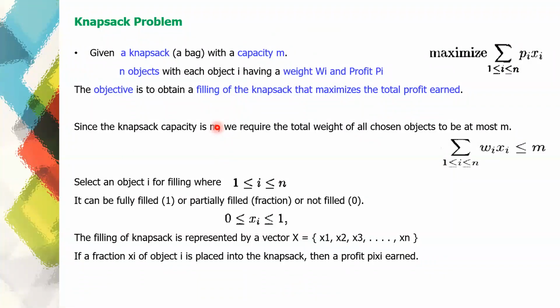So a knapsack is a bag. You'll be given a bag with capacity M. Then you'll be given N objects where each object i will be associated with a weight Wi and profit Pi.